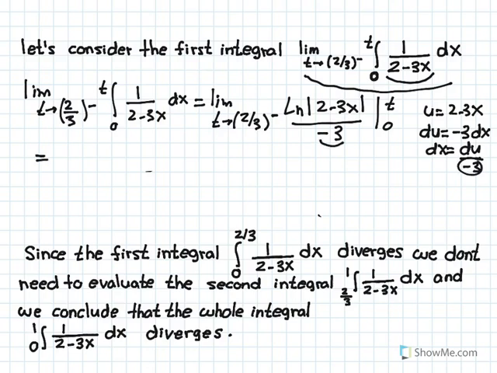All right, so we get the limit as t approaches 2/3 from the negative side of log of 2 minus 3x evaluated from 0 to t. Let's apply the fundamental theorem of calculus.